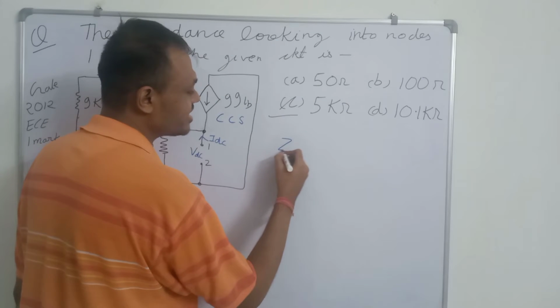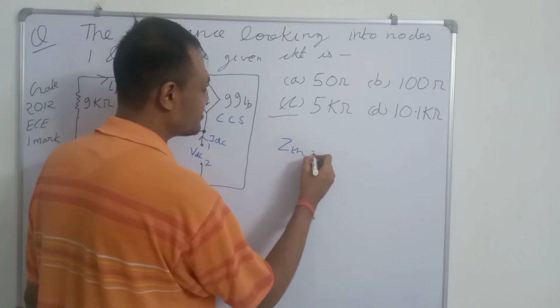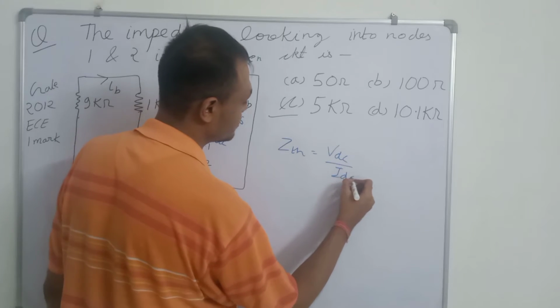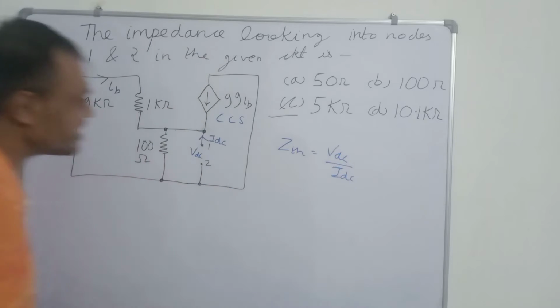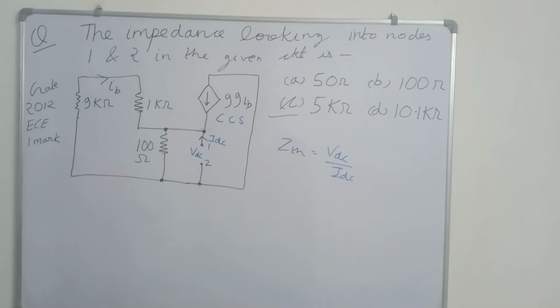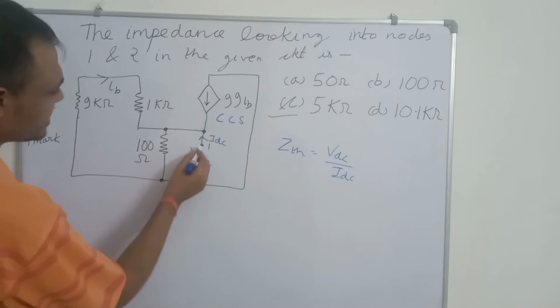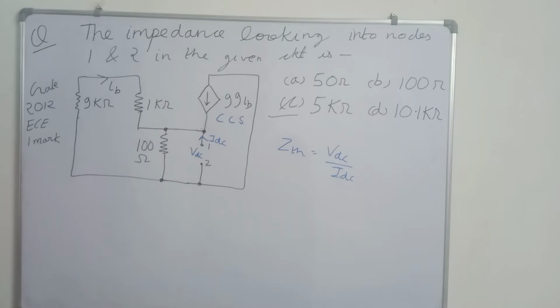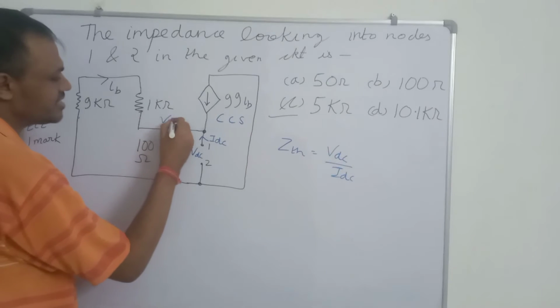Then the impedance ZTH will be equal to VDC upon IDC. This is how we find the impedance in networks which consist of only dependent sources: we assume a voltage VDC, the current IDC will flow through it, and if we find the ratio of VDC to IDC, then we can easily find the impedance.